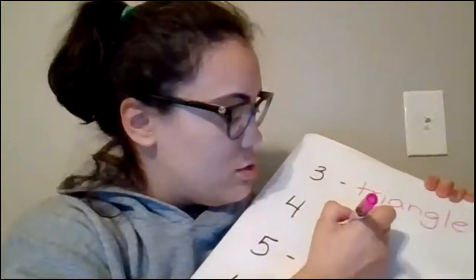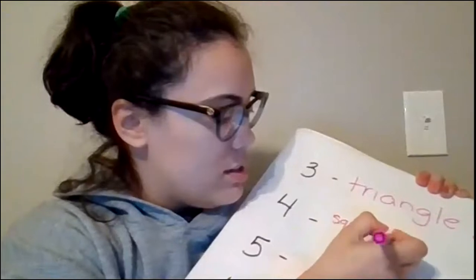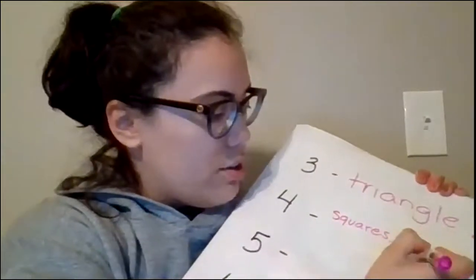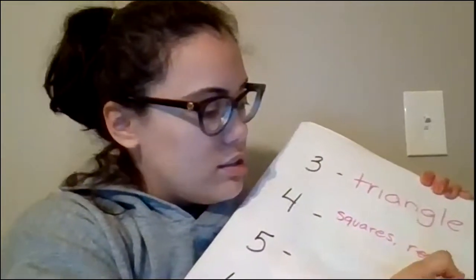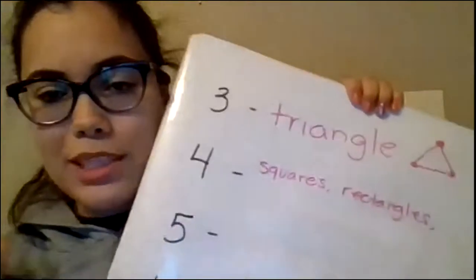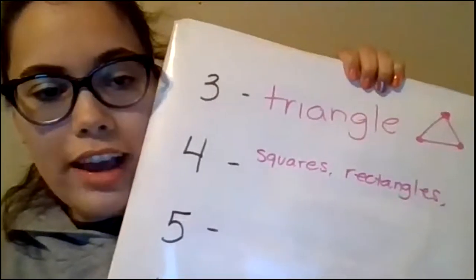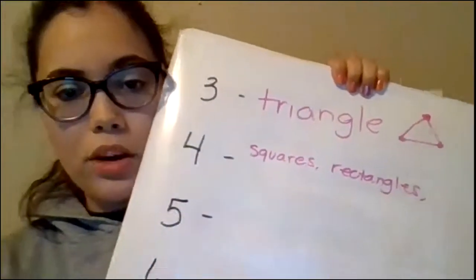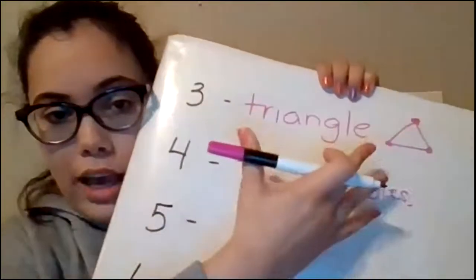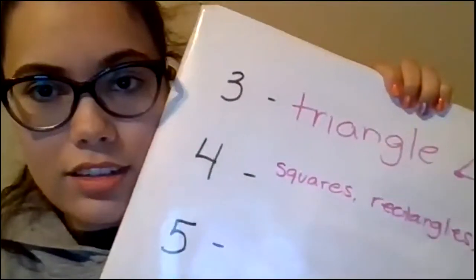Squares and rectangles do have them. Good. So we have squares, rectangles. What else? I'm looking for a specific word that groups all of these together.